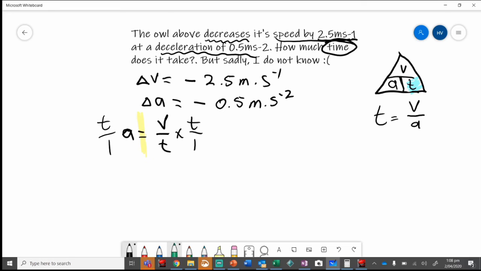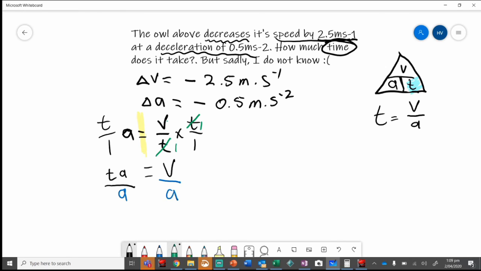Then this t cancels that t, so this side becomes v, and t multiplied by a is ta. Now I divide by a on this side, and I have to divide by a on that side too.